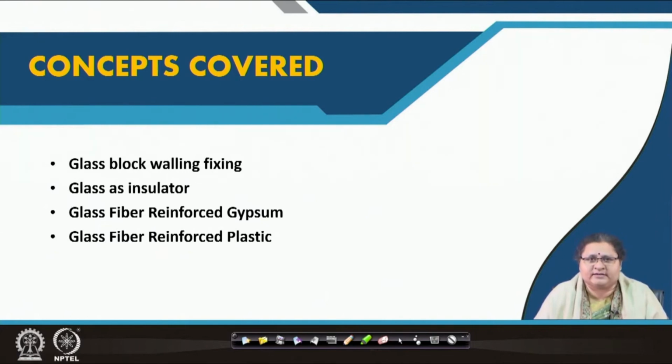Let us know that. After that, we will go to glass as an insulator, and we have two more interesting things which are using of glass fibers, which is also used in the insulator as a reinforcement for both gypsum as well as plastic.